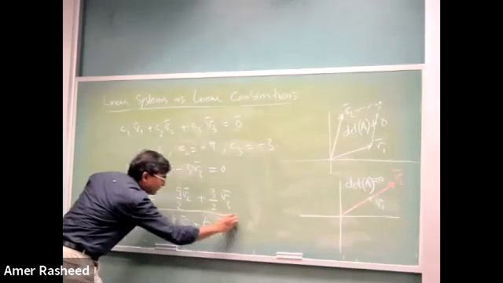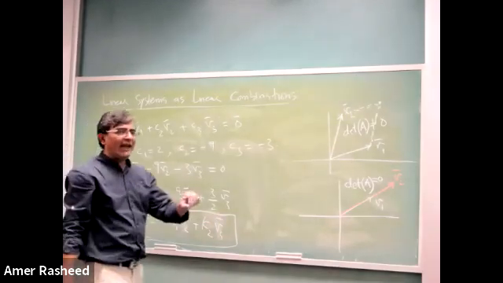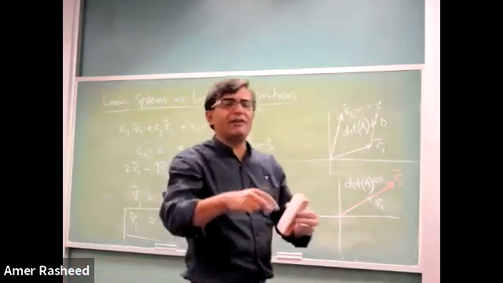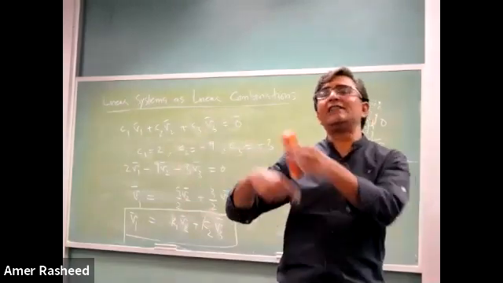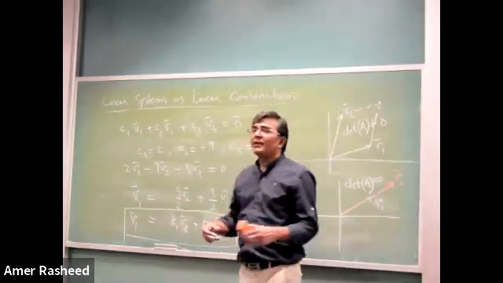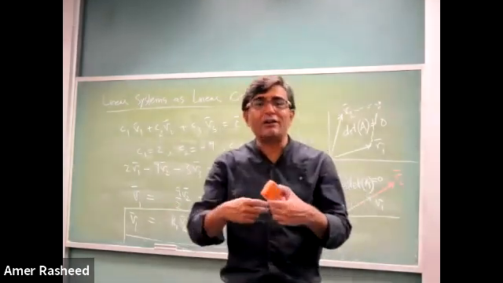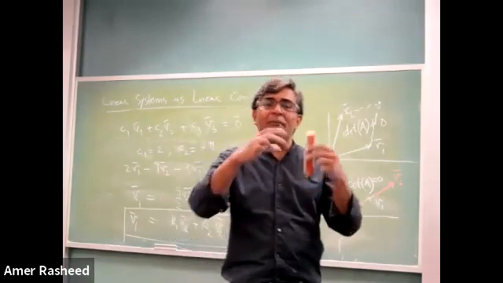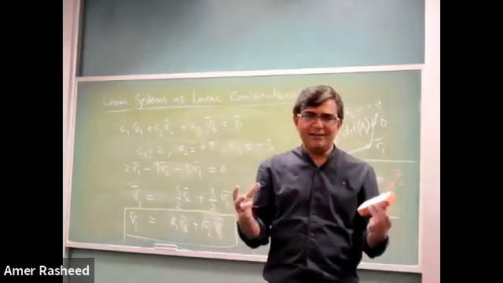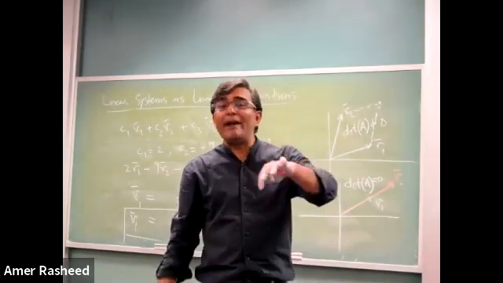अब आपने देखा यहाँ पे क्या है? If they are linearly dependent, then any of these three vectors can be written as a linear combination of the other two vectors. Means one vector can be obtained with the help of the other two vectors. These three vectors are not independent. They depend on each other. That's why we call them linearly dependent vectors.